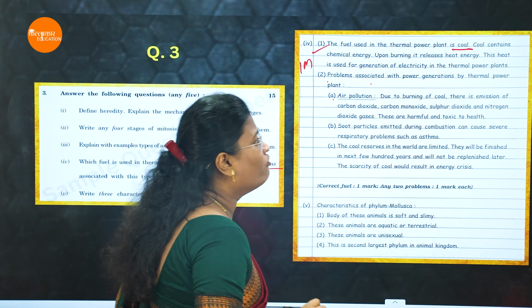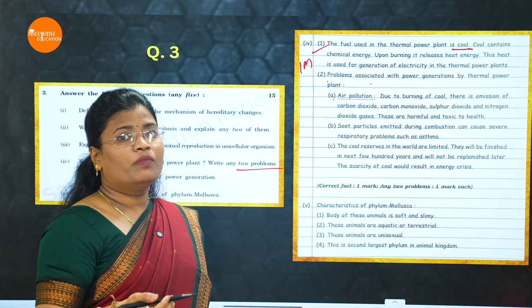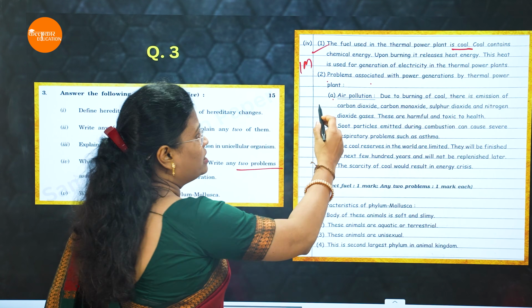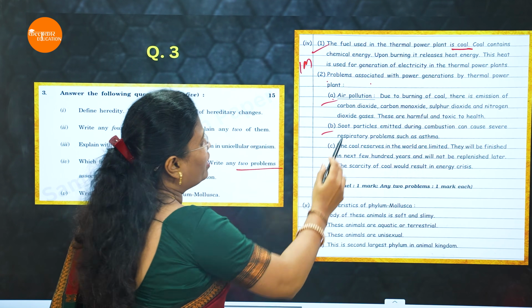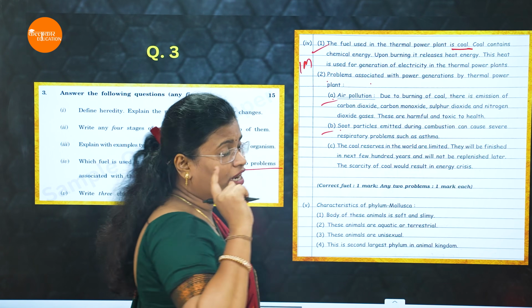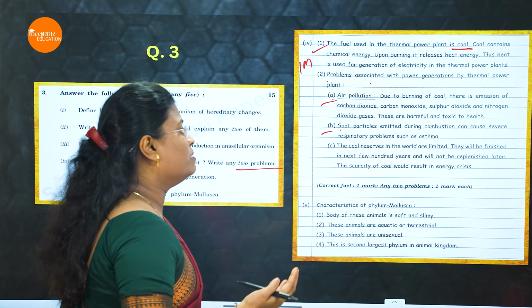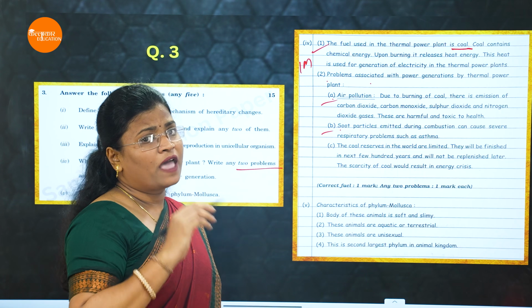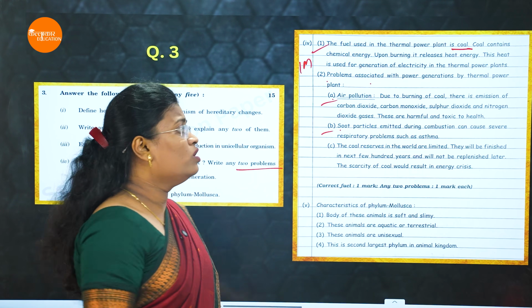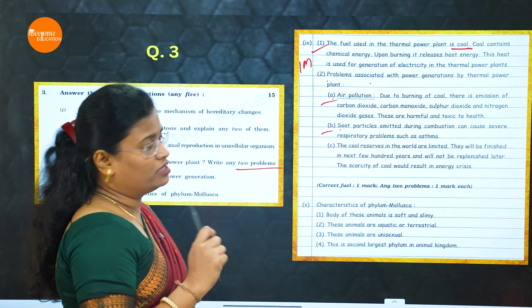These are harmful and toxic to health. So this is the first point. Next point you can write is soot particles emitted during the combustion of coal can cause severe respiratory problems such as asthma.